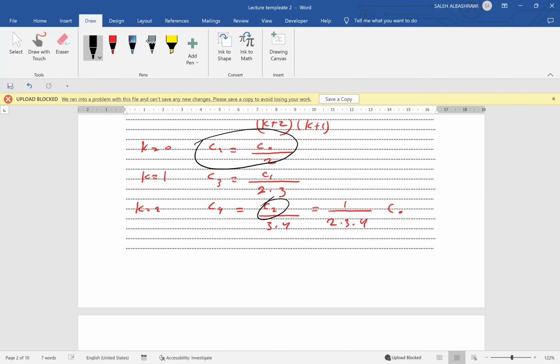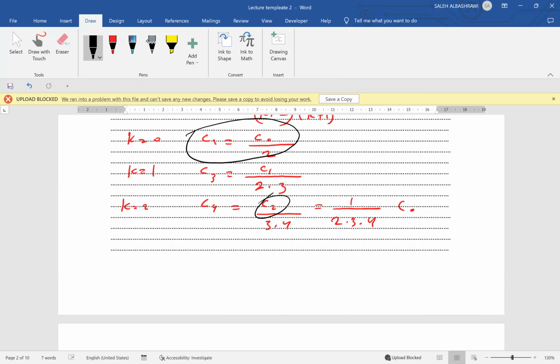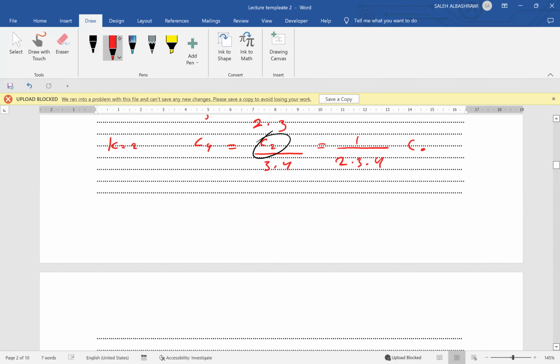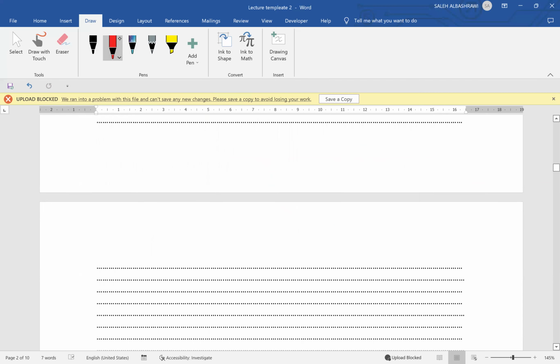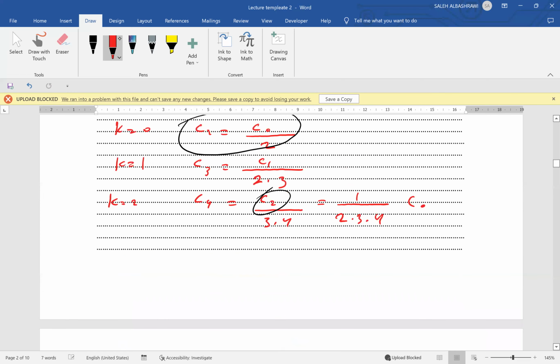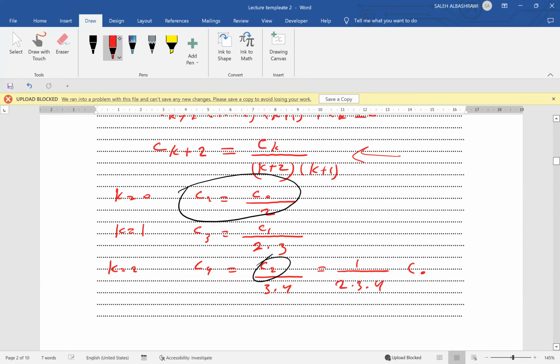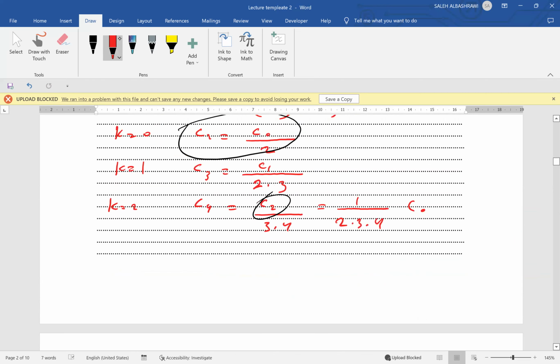Then k equal to 3, I will have C5 equal to C3 divided by 4 times 5.